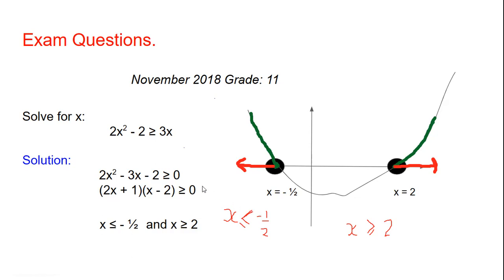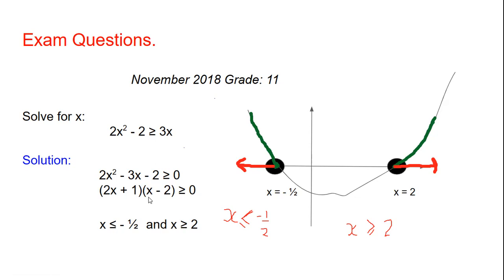So x is equal to 3 satisfies that. Okay. And since you have x being less than and equal to minus half, you can think of maybe x being equal to minus 1. So 2 times minus 1 is minus 2, and minus 2 plus 1 is going to give me a minus 1.